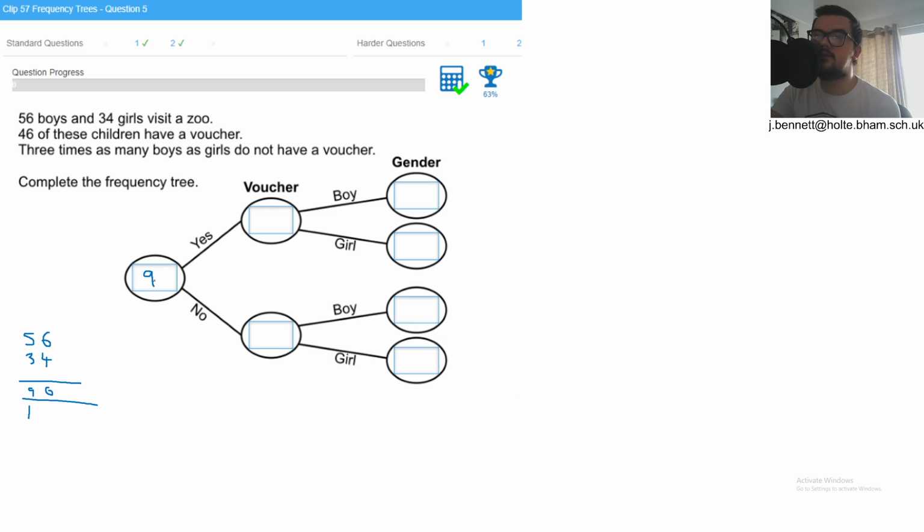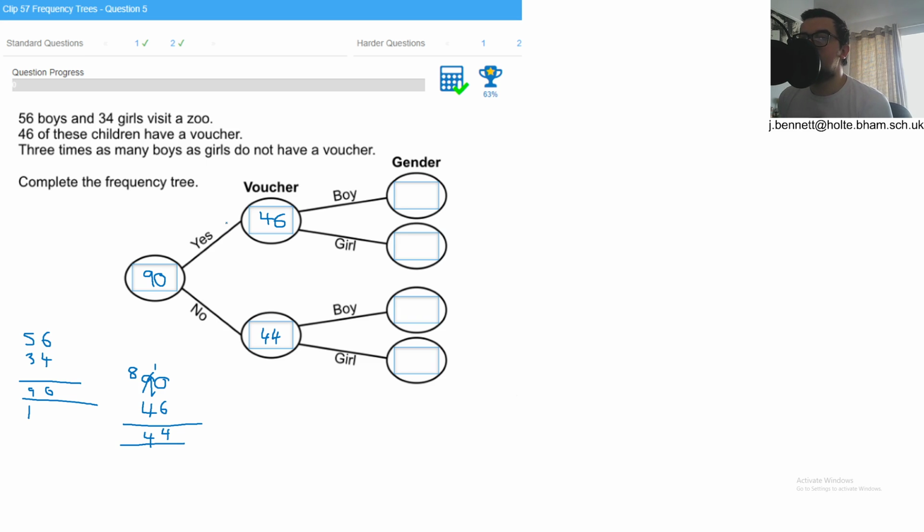So you can put 90 here altogether. 46 of the children have a voucher, so voucher, yes. 46 we can put there, and by subtraction we can work out how many don't have a voucher. 90 minus 46. Pinch 1 off the 9, that becomes an 8 with a 1. 10 minus 6 is 4, 8 minus 4 is 4. So I can put 44 here.